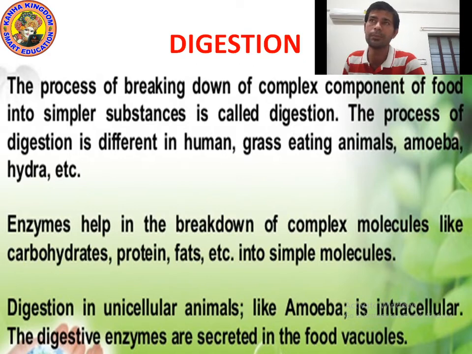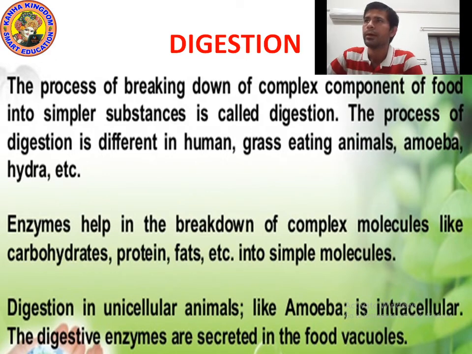These are broken down into simpler substances by a process. This process is known as digestion. Actually, different enzymes are present which help to break down all these carbohydrates, proteins, fats into simple molecules, or you can say simple substances.